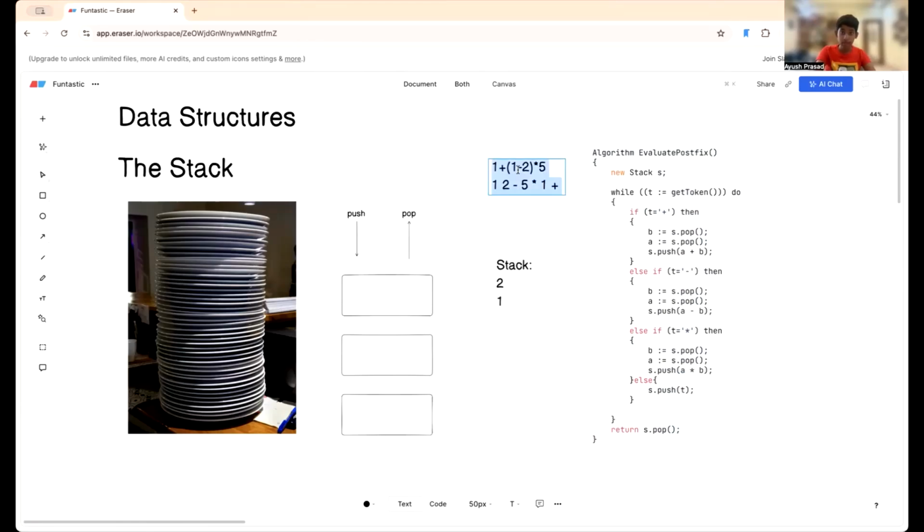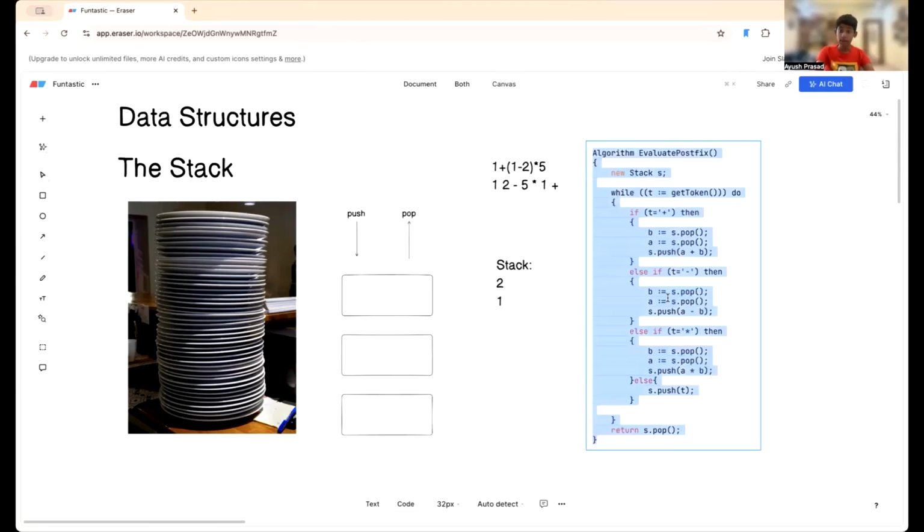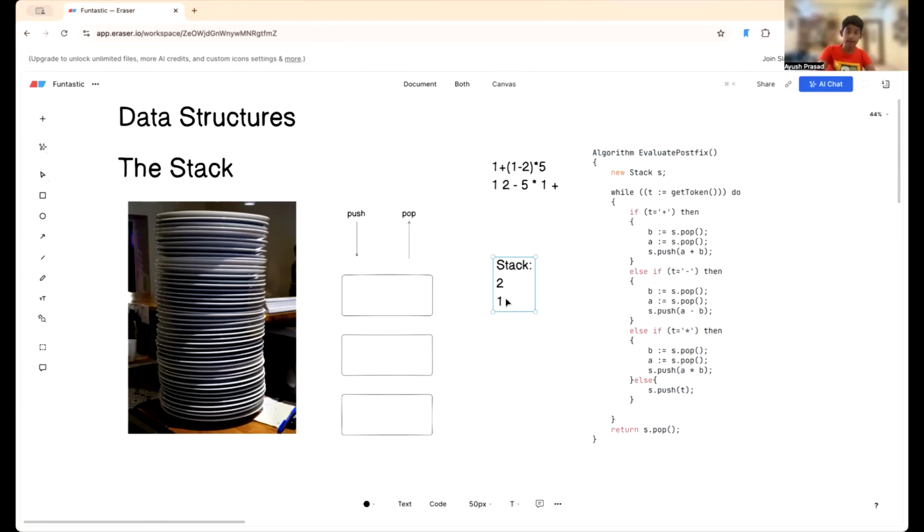Say the 1 in 1 minus 2. And in 1 minus 2, the 1 must come first. So we take B as the top number, A as the top number after that, popping and removing them from the stack, and we replace them by their difference, 1 minus 2, which becomes negative 1.